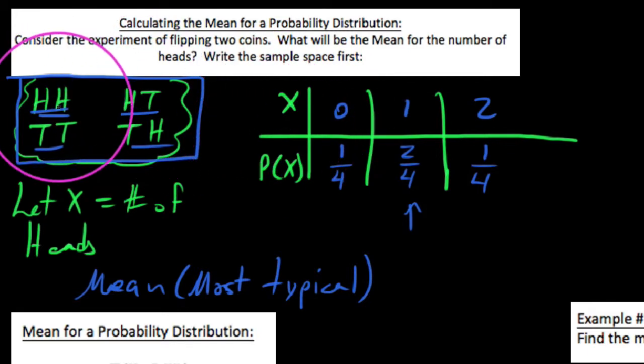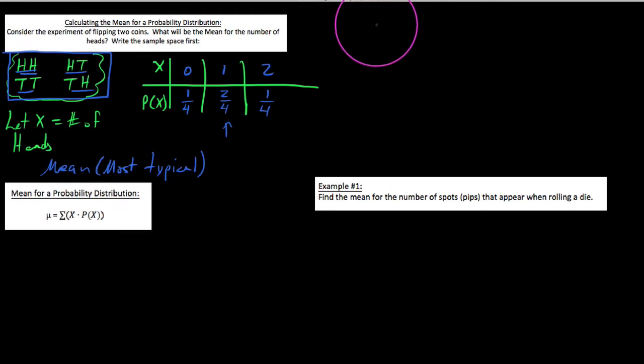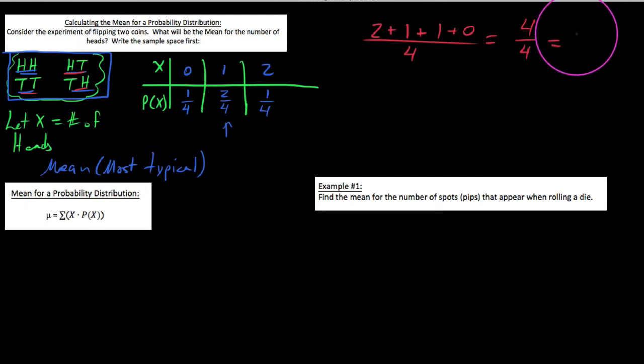So we're going to add up the number of heads in each instance. In the first one, we had 2 heads. Plus the second instance, we had 1 head. We also had 1 head here. And then down here we had no heads. So if I wanted to find the average of these 4 instances, we would add them up and divide by however many there are, which gives 4 over 4, which comes out to be 1.